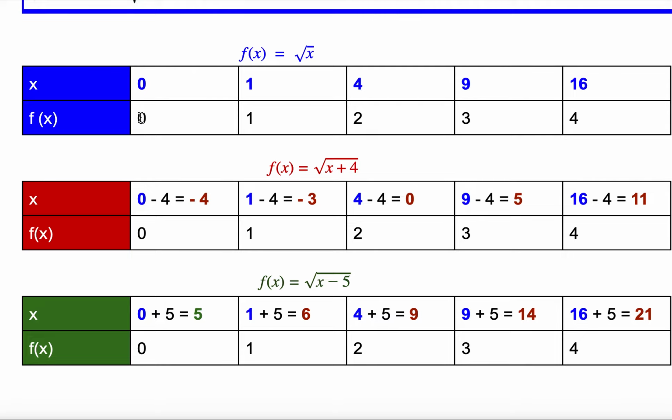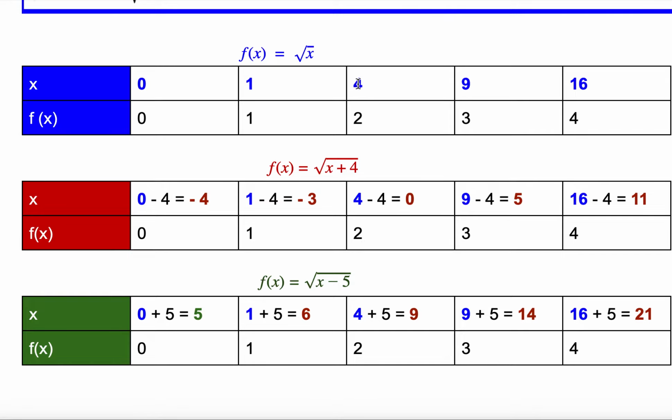As we said before, the y coordinate stays the same, and it stays the same in the other two functions, the blue and the green. It didn't experience any changes. What changes is the x coordinate. For example, here it went 4 units to the left. Here was 0, and 0 minus 4 is minus 4, and the next x here is 1, minus 4 is minus 3.